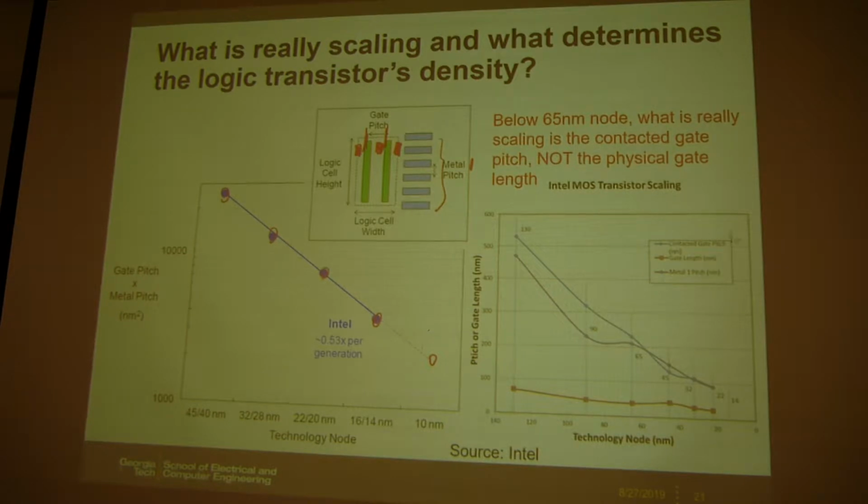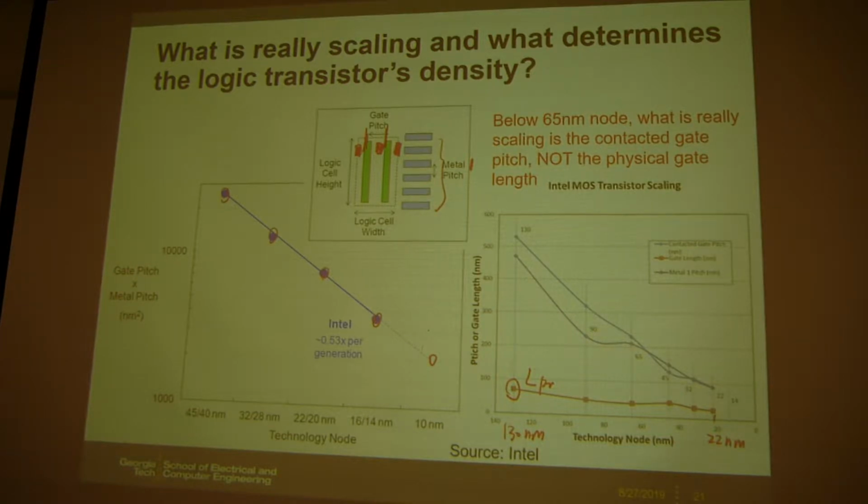So here, this graph on the right also shows this trend. And here, this one is printed gate length. This is 130 nanometer node, and this is the 22 nanometer node.